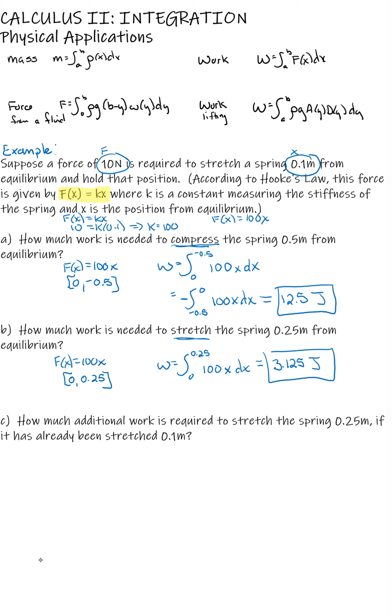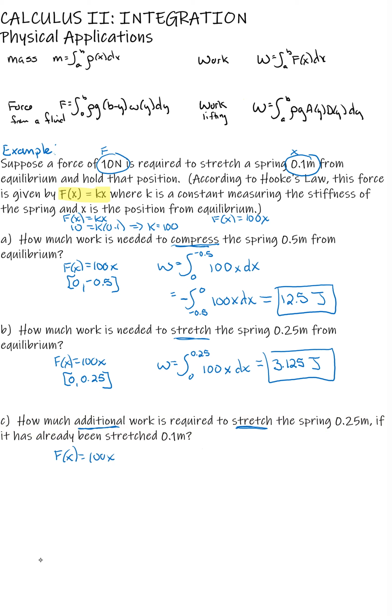All right, now on to part C. How much additional work is required to stretch the spring 25/100 of a meter if it has already been stretched 1/10 of a meter? So in this case, we are stretching it, but we want an additional stretch. So again, let's make note of our force.